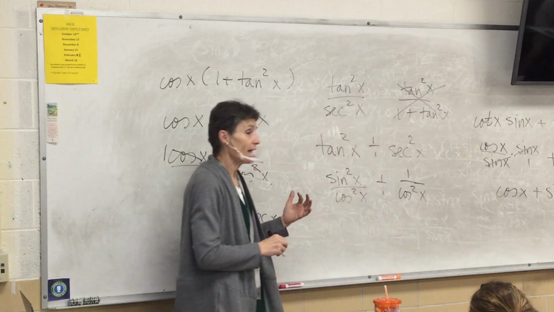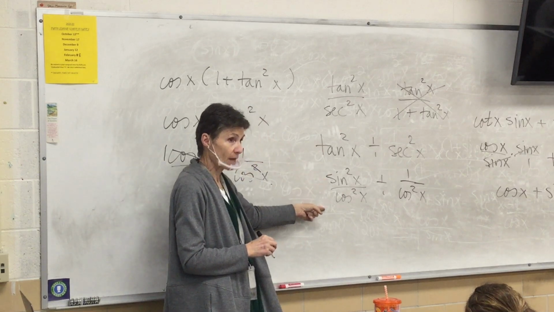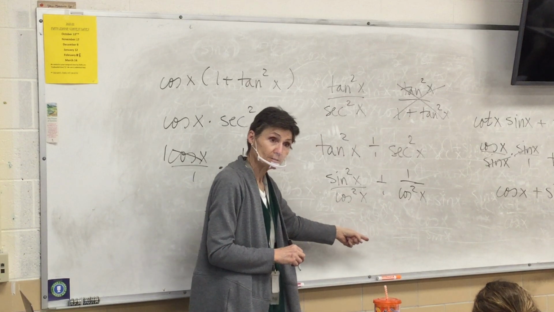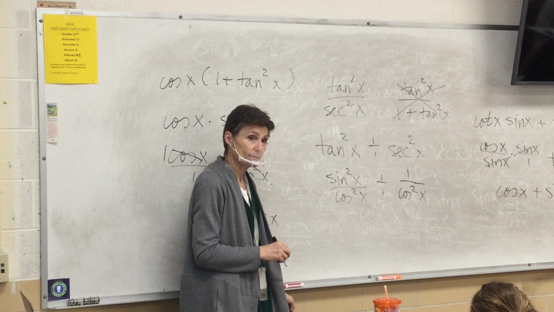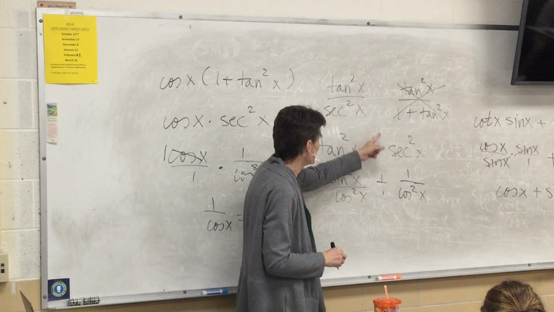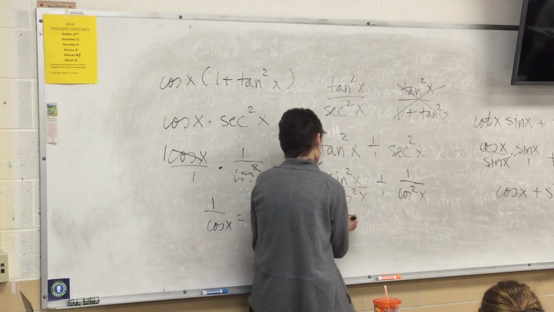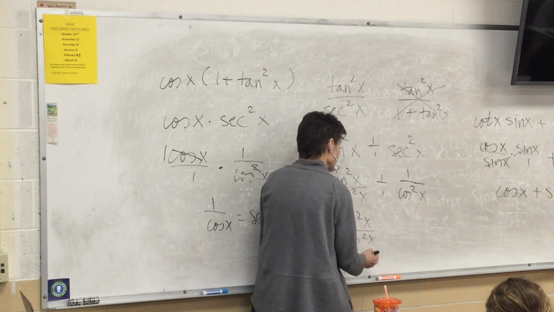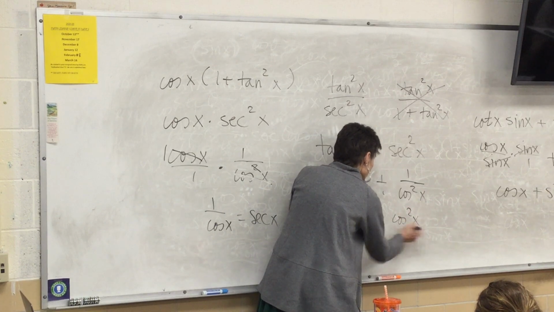So now we changed tangent into sine over cosine, and we changed secant into 1 over cosine. You still with me? All right, they're divided. This is a division. So what are we going to do? Multiply by the reciprocal. So sine squared over cosine squared times cosine squared over 1.